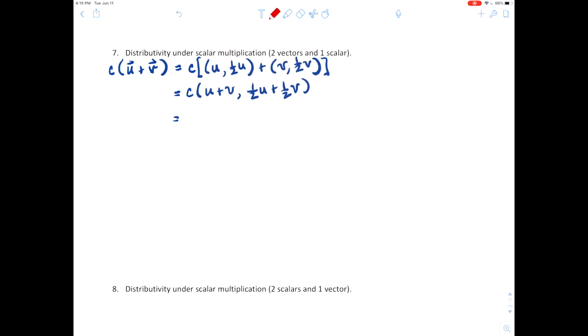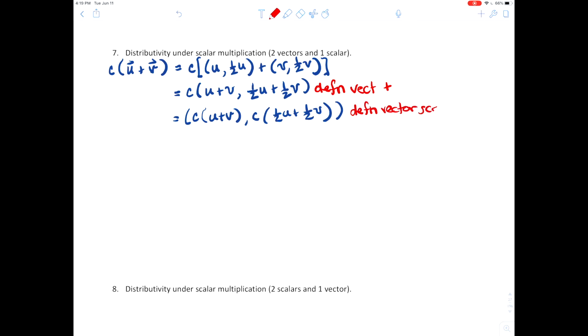First I use the definition of vector addition. Now I've got to use the definition of vector scalar multiplication to bring the c in, and then I'll be ready to use properties for real numbers. So this is going to be c times quantity u plus v, comma, c times quantity 1/2 u plus 1/2 v. So now I have everything in the vector, so I can start using properties of real numbers. So this one was the definition of vector scalar multiplication.